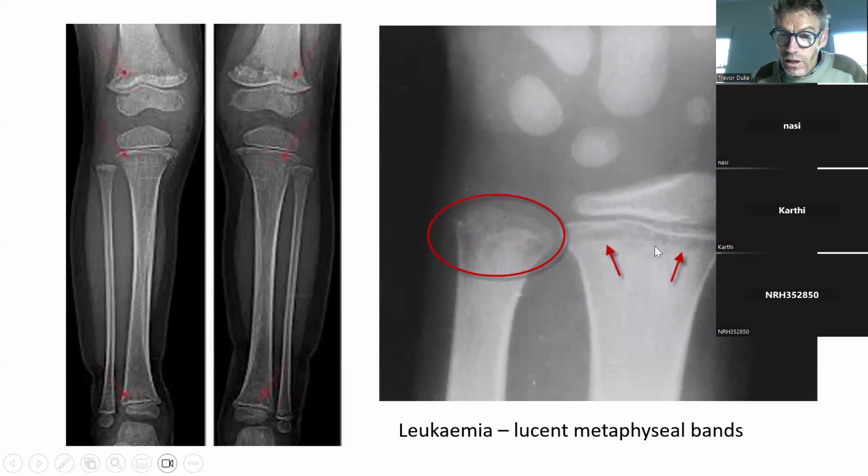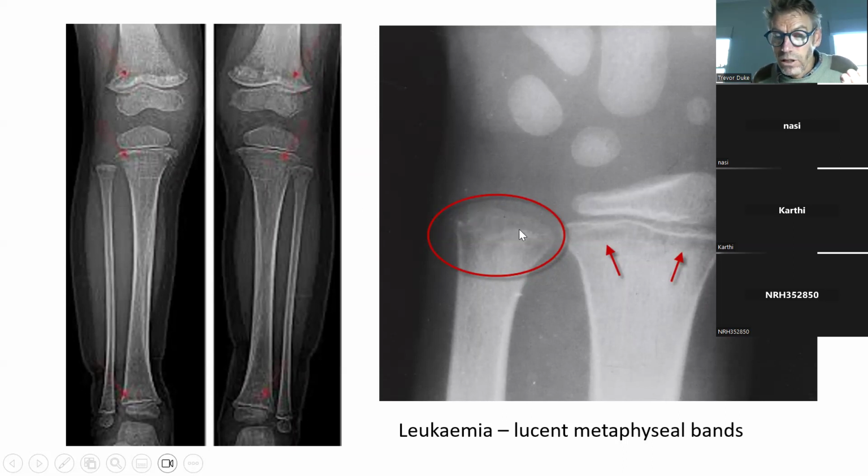So you've got opaque and lucent metaphyseal bands. The metaphysis is not irregular and rough, but there's a lucent band at the metaphysis, somewhat different to scurvy.